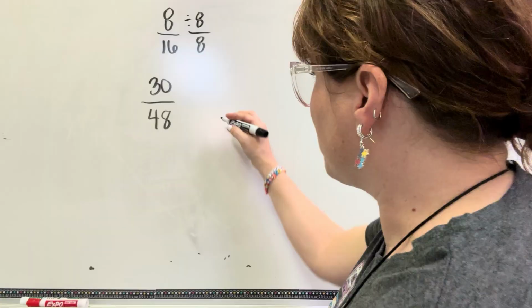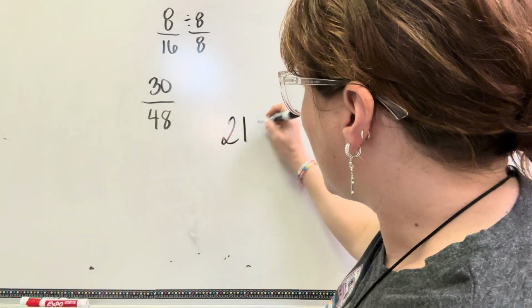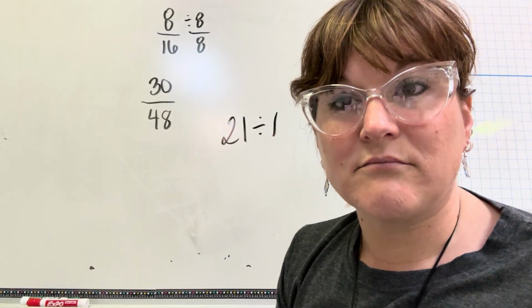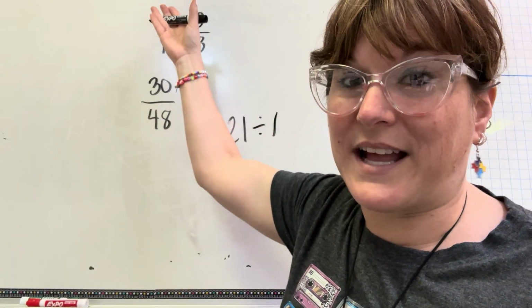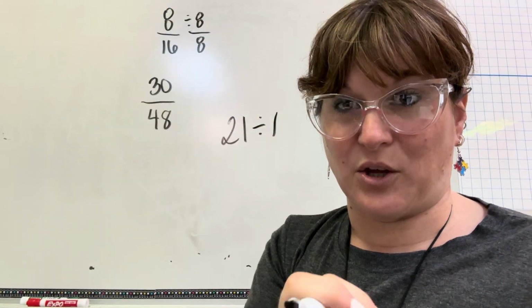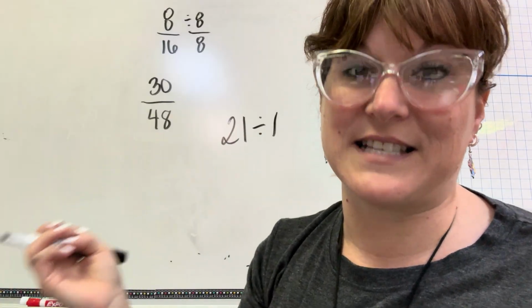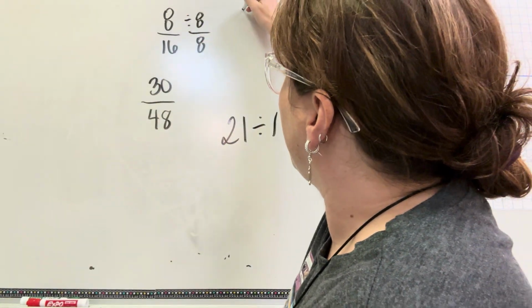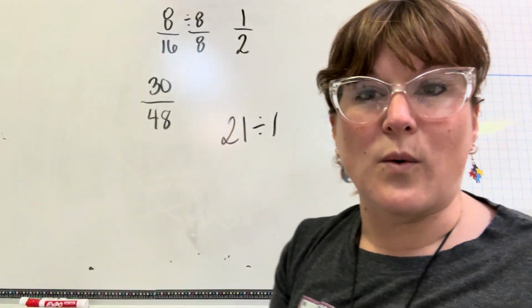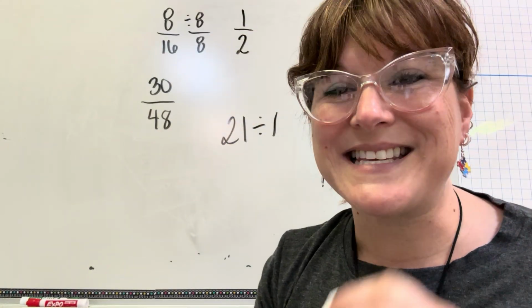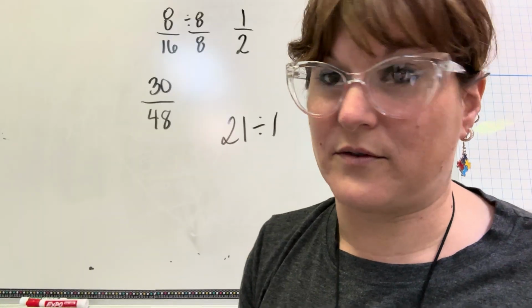Going back to my example, if I'm 21, I could say divided by 1, it's still 21. So by dividing it by 1, it's still the same value. It's just going to look a little different. So 8 divided by 8 is 1. 16 divided by 8 is 2. So 8/16 is the same as 1/2.